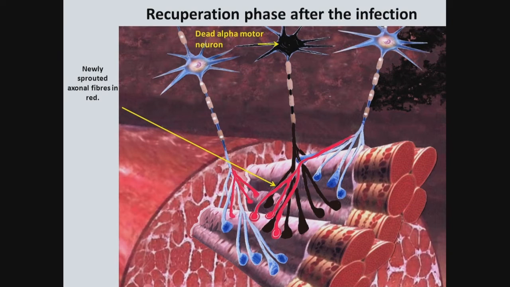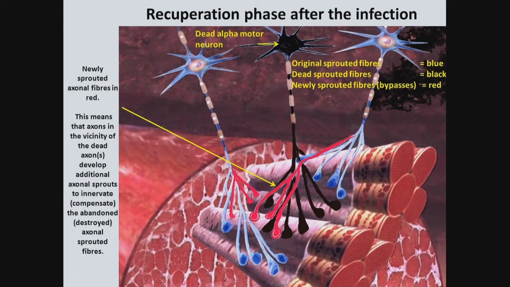The recuperation phase after the infection. Newly sprouted axonal fibers are marked in red. This means that axons in the vicinity of the dead axon or axons develop additional axonal sprouts to innervate, meaning compensation of the abandoned or rather destroyed axonal sprouted fibers.